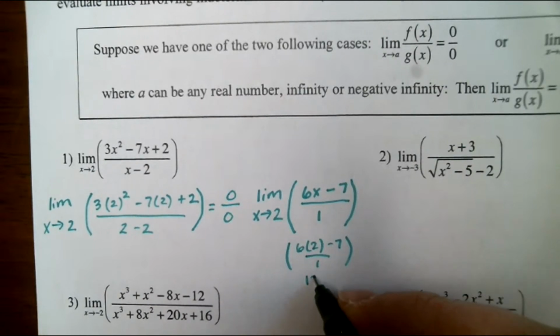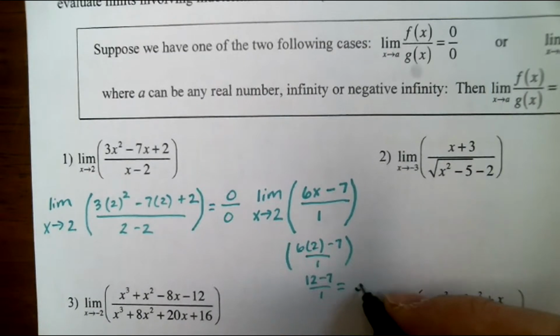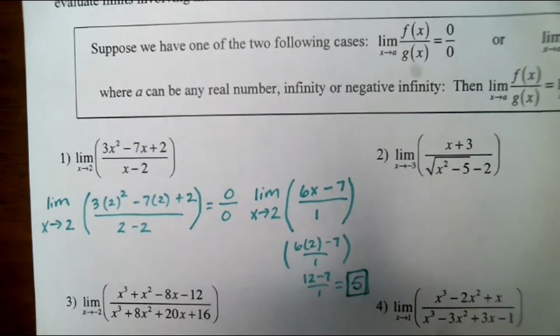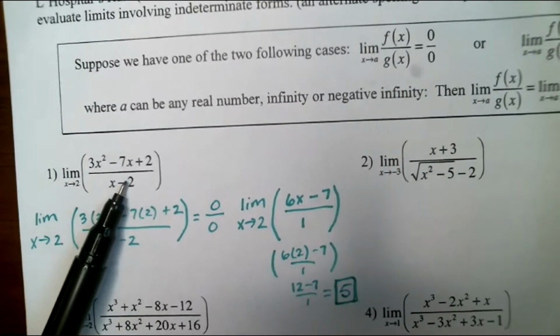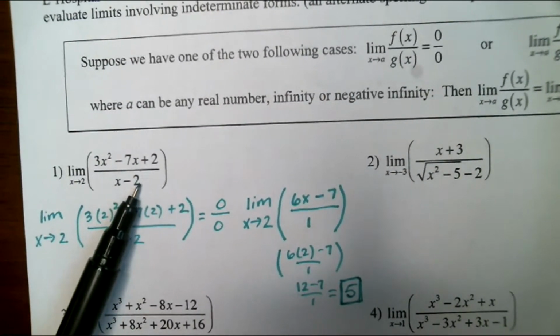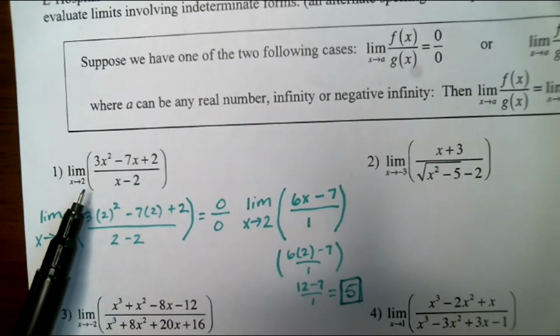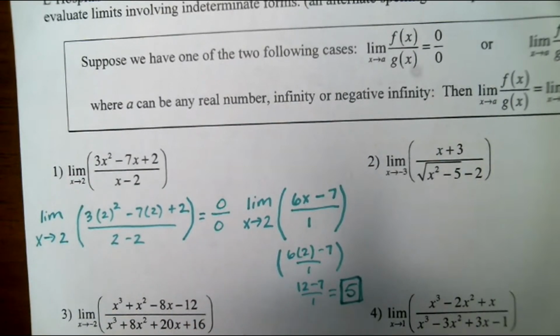We get 12 minus 7 over 1, and that would give me 5. So this limit, if we were to type this into y equals, and we were to say, what is the y doing as x goes to 2? The y is approaching 5.